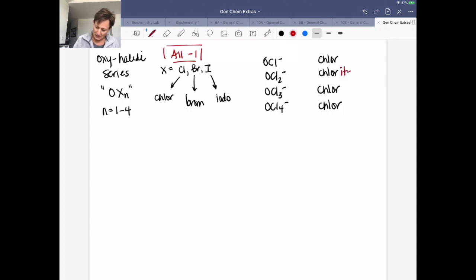And those guys in the middle are done. So we've got OCl2 minus is chlorite, and then OCl3 minus is chlorate. Now how we're going to distinguish these is we're going to keep the guy that's 1 less or 1 more chlorine atom still going to be ites and ates, but now we have to put a prefix in the beginning to sort of distinguish these.